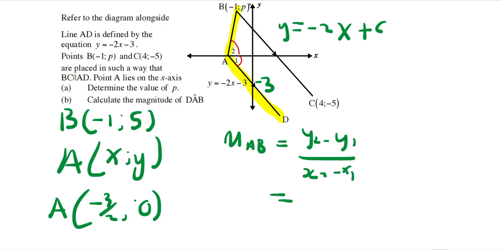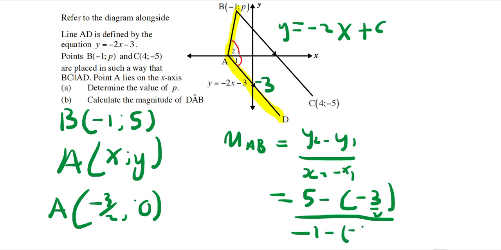Let me pick up the values at the coordinate B. At point B, my y is 5, minus my y1 at A, which is 0, all over my x2, which is -1, minus my x1, which is -3/2. Sorry, I'm going to erase. So therefore my m is 10.